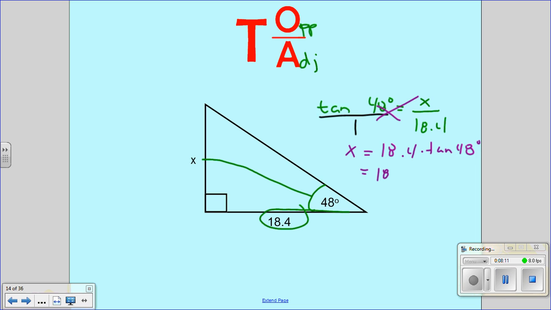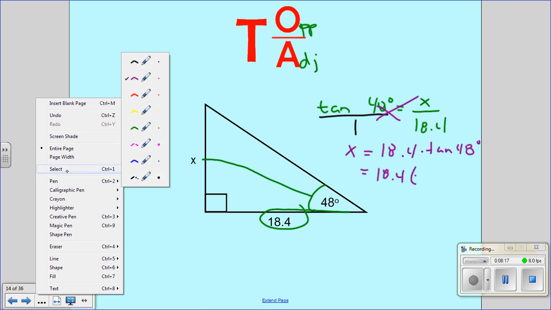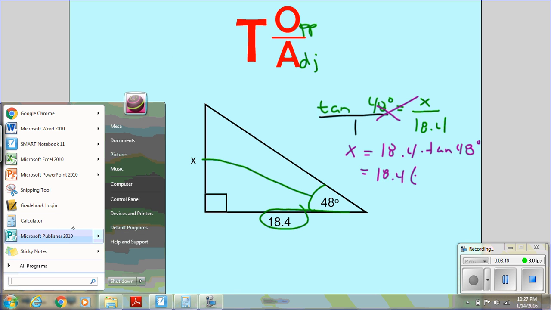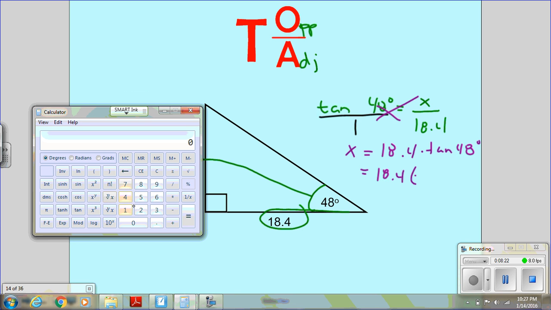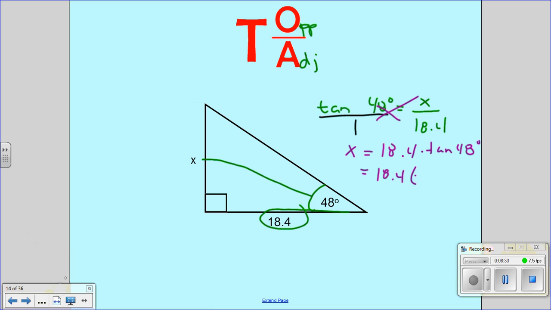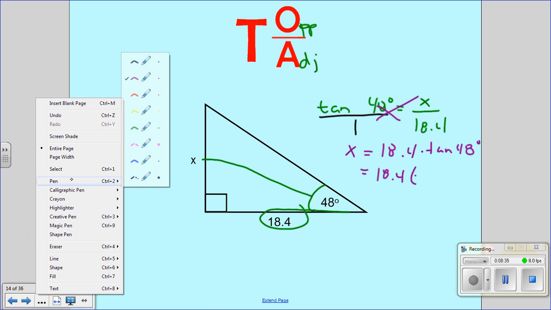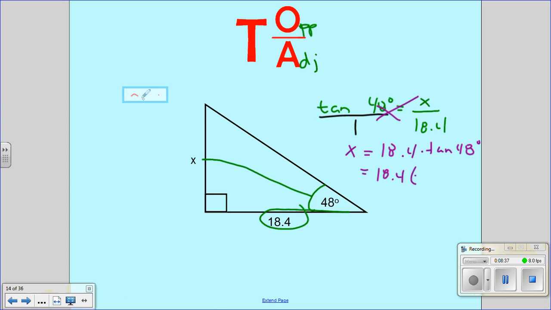So that would be 18.4 times 48 degrees. So 48 tangent is 1.1106. 1.1106.